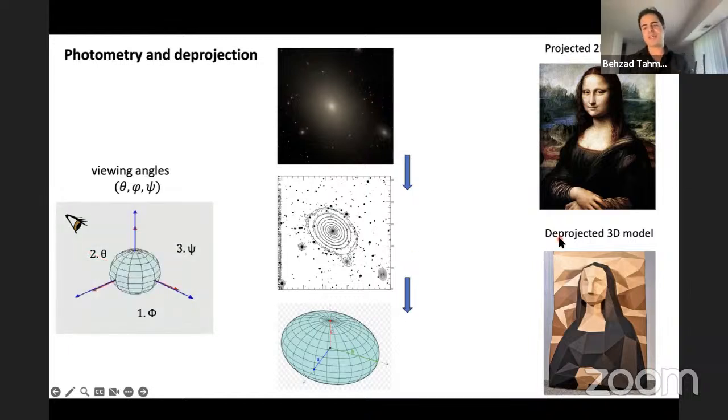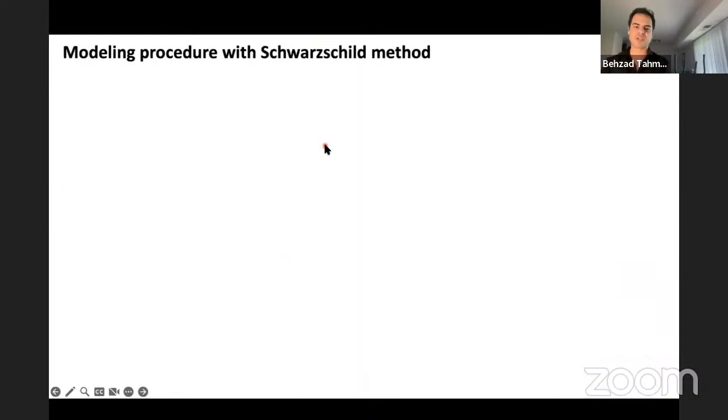As I mentioned, the 3D deprojected model cannot explain very detailed structure, especially if we have a spiral barred galaxy. There are some different structures out there. So some details will be missed in the 3D deprojected density, but still it's possible to have a fair estimation of the 3D density of the stellar distribution.